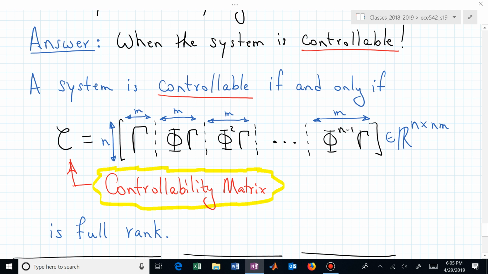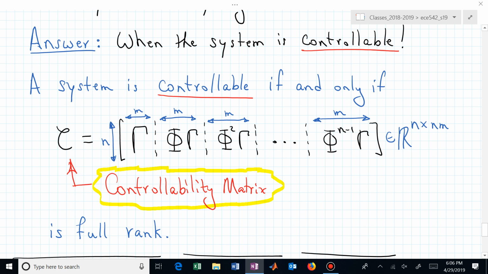But for this matrix to be full rank, we need all of the rows to be linearly independent. Did I put a dimension on N? I didn't, did I? Not in the last few minutes. But if I said N was 10, numerically a value of 10, then we would have 10 rows and 20 columns.